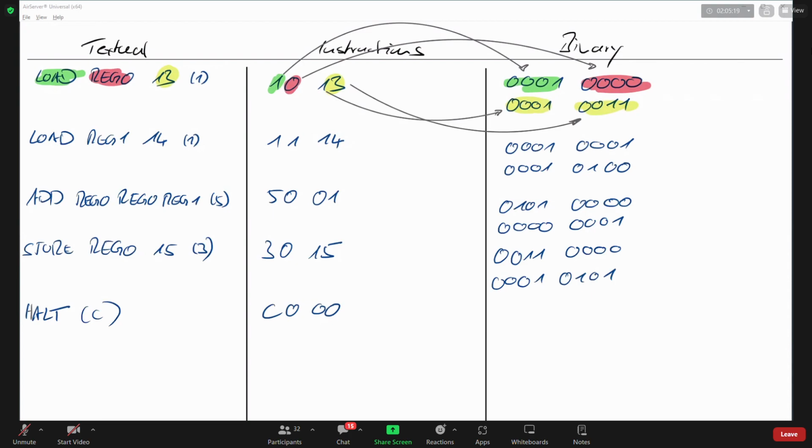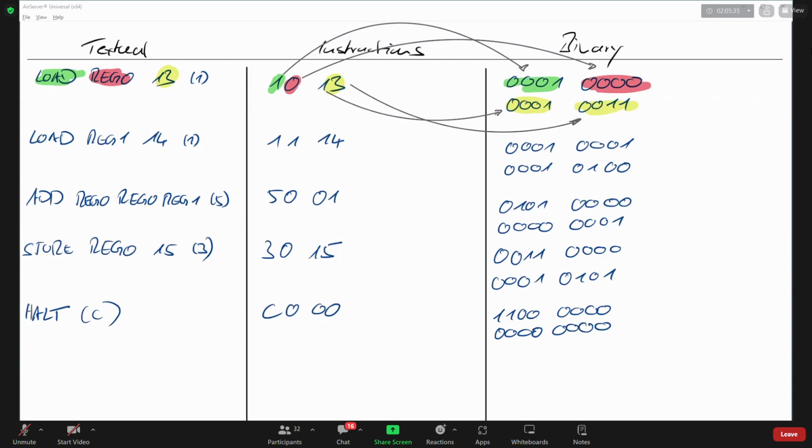And C is 1100, then all zeros. So these are now the commands in binary.